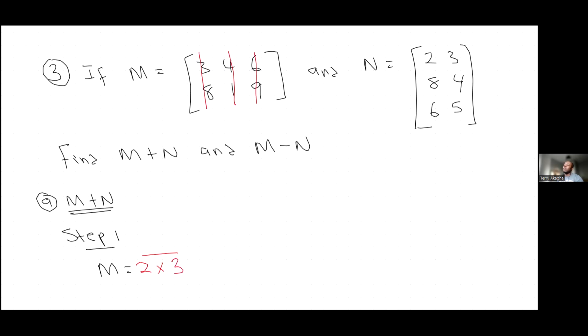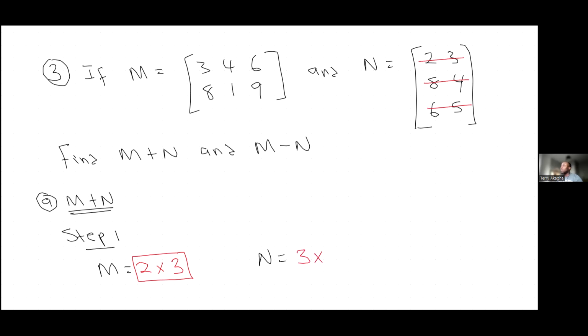Now, let us check the type of matrix n. So for n now, what's the order of that matrix? So we have the number of rows as 1, 2, 3, and that is 3 by, not multiplied by.